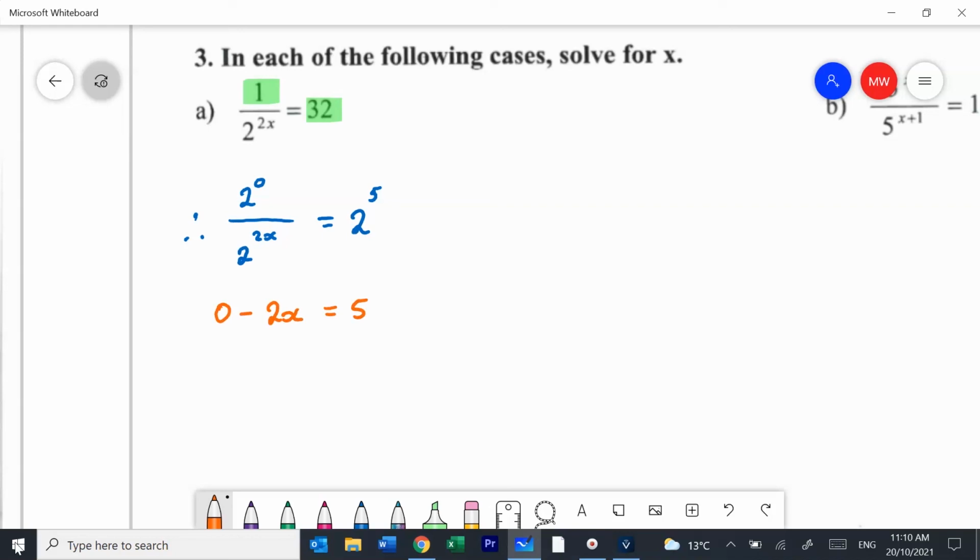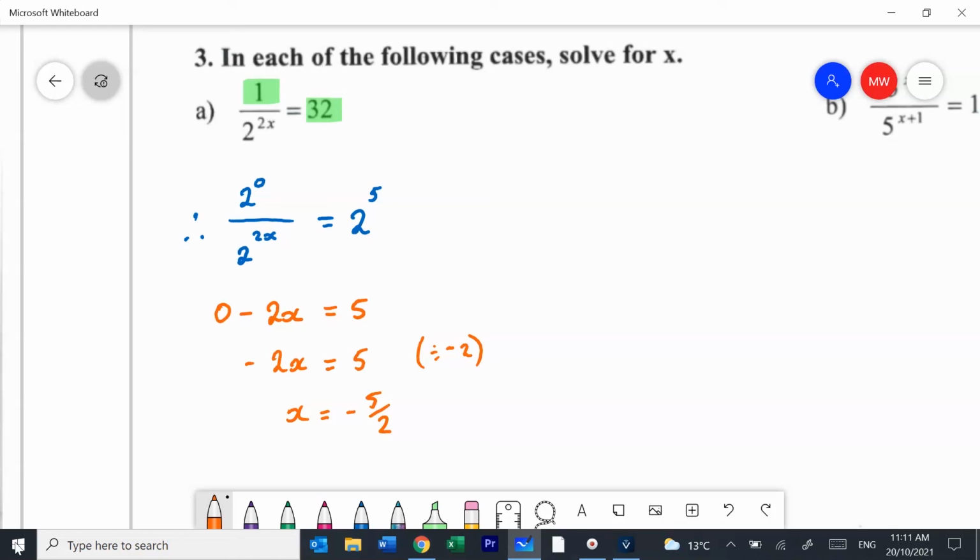Now obviously that 0 doesn't need to be there, so really we've got negative 2x equaling 5, and now we're just down to balance method. Let's divide by negative 2 both sides, and x is negative 5 over 2. So we got negative 5 halves.